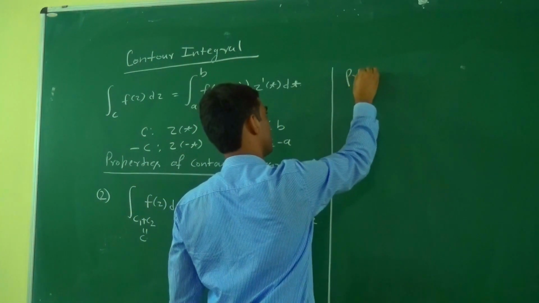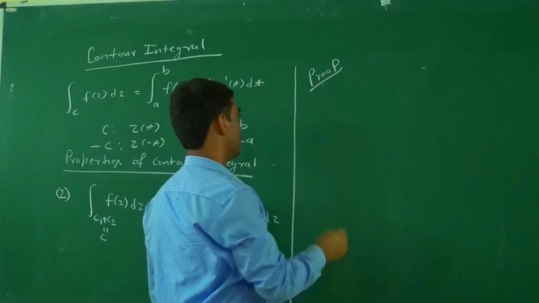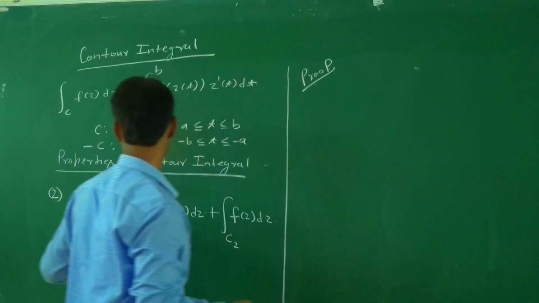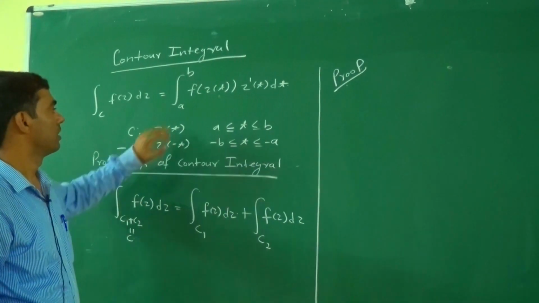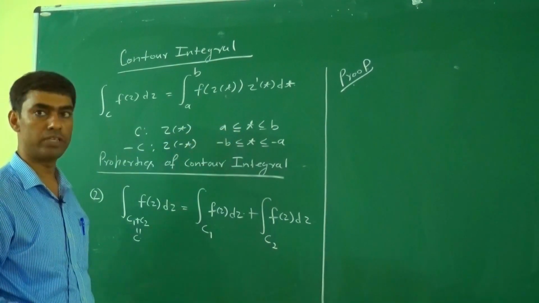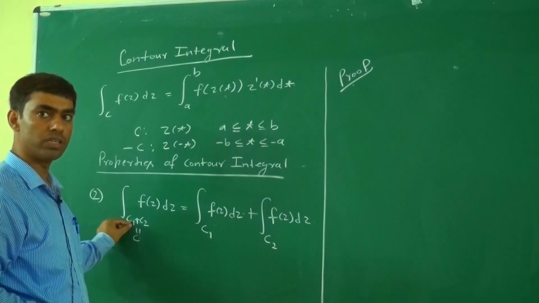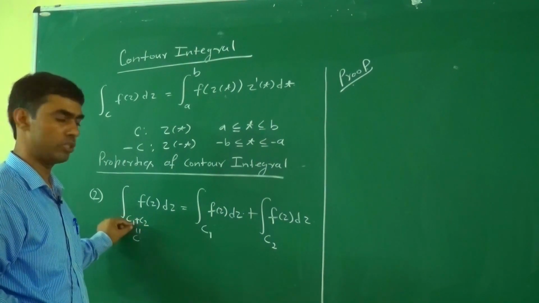We know that c is given by z(t), where t ranges from a to b. But here c consists of two smooth curves c1 and c2.